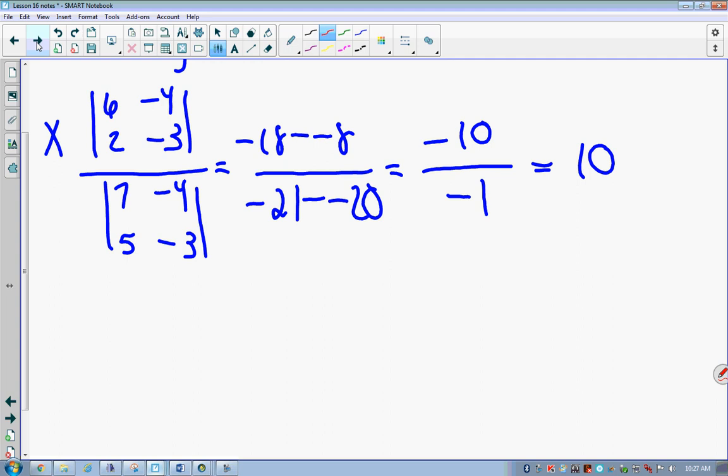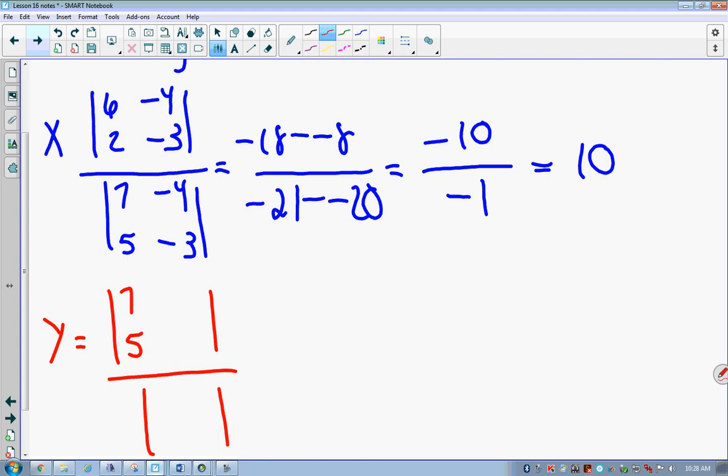So let's look at y. All right, help me out with the top, John. No, I'm not doing 6 and 2 again. Nope, not doing negative 4, negative 3. Right, 7 and 5. Because I'm solving for y, I put the x's back in. Okay?